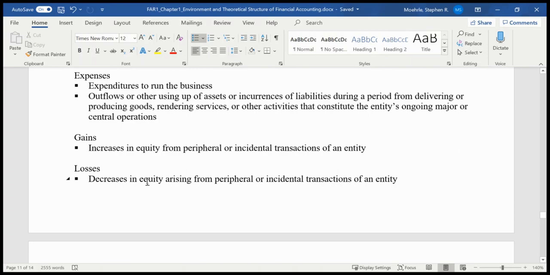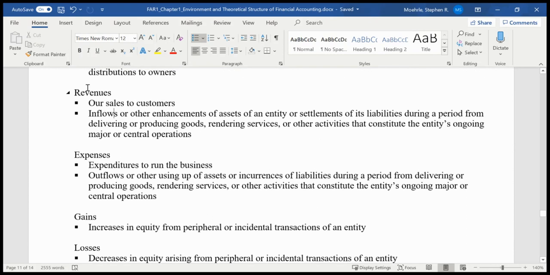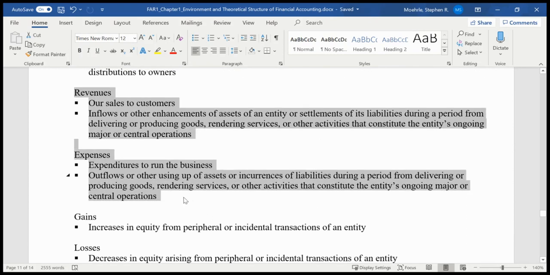Okay, so what's the difference between gains and losses and revenues and expenses? Revenues and expenses occur from the things the company is there to do. If we are a restaurant, the revenues are the cash we receive from selling food, selling drinks.